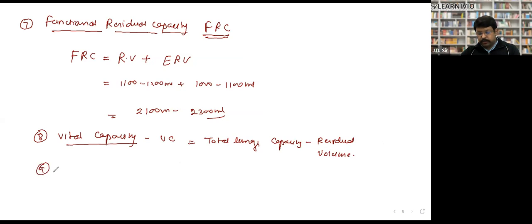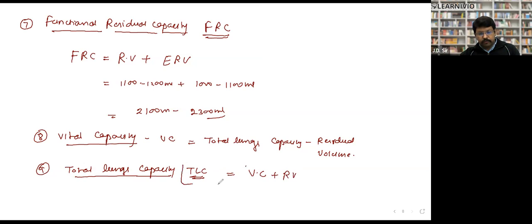The ninth and last one is TLC, total lung capacity. TLC is equal to vital capacity plus residual volume. This is the actual formula. Note it down.